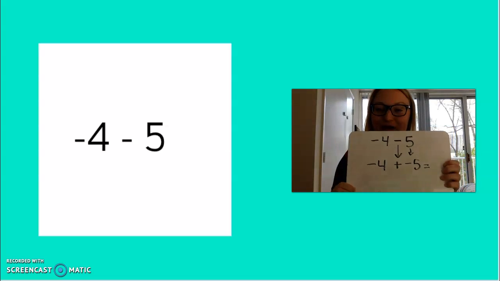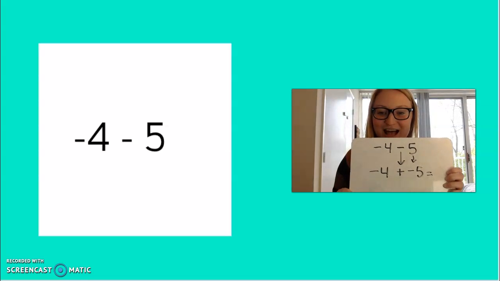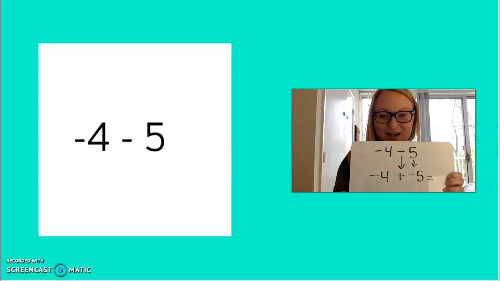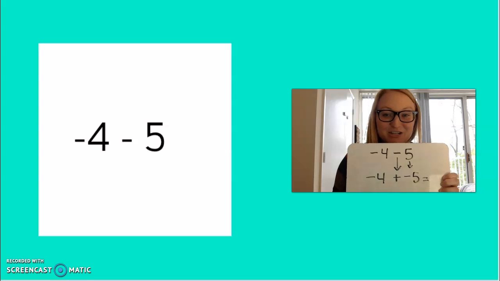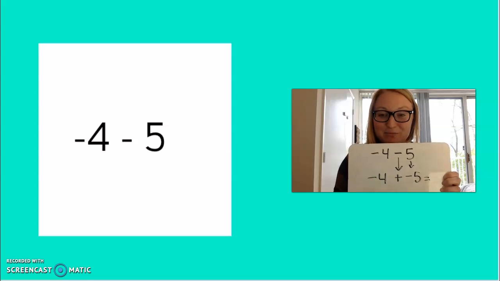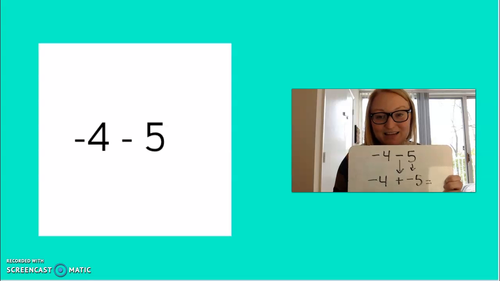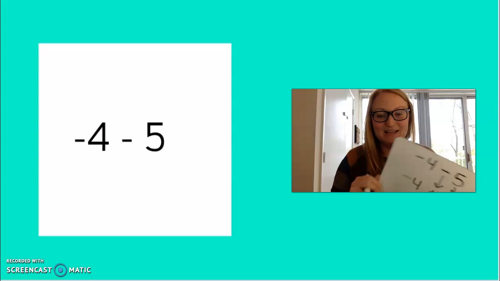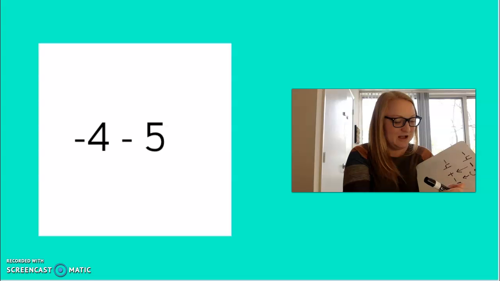And now I can use my understanding of adding integers to add -4 plus -5. Remember, you can always sketch a quick number line if that's helpful as well. So if I want to add -4 and -5, I know that a negative plus a negative remains a negative.